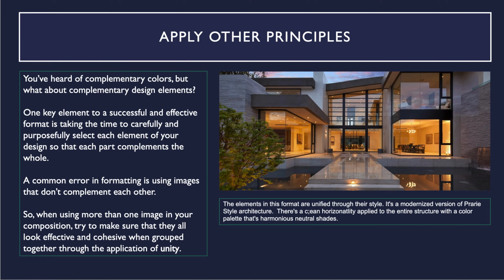I don't actually know the answer to that. Look it up though. Elements in this format are unified through their style. Right? So it's a modernized version of prairie style architecture. There's a clean horizontality, meaning the elements are very horizontal. That's applied to the entire structure. And that's what we're talking about, complementary elements.